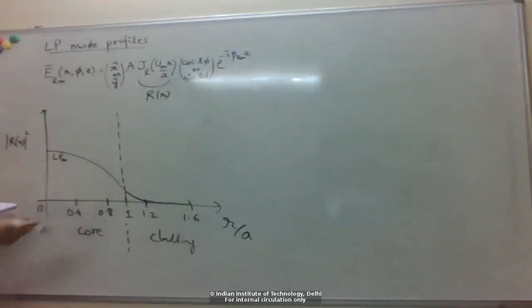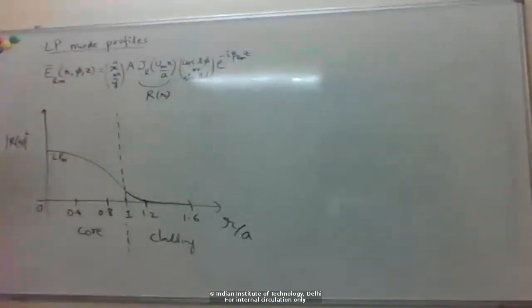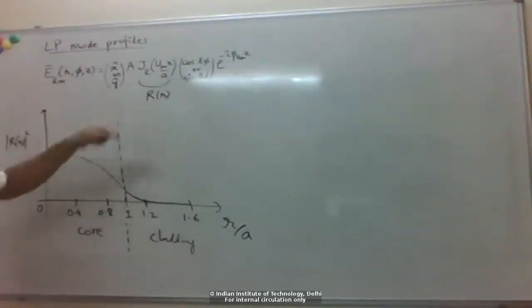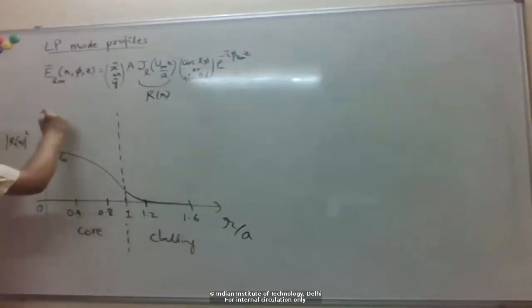Now, for example, if you go to LP02, so M equal to 2, that happens once we pass the first root. So there will be a point here where the Bessel function goes to 0. It looks something like this.